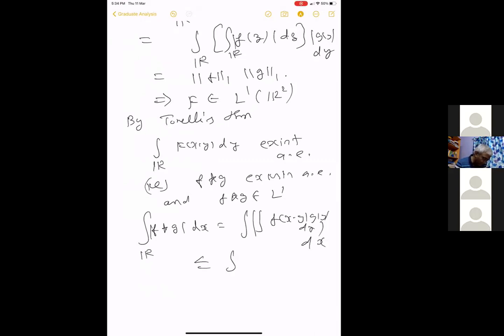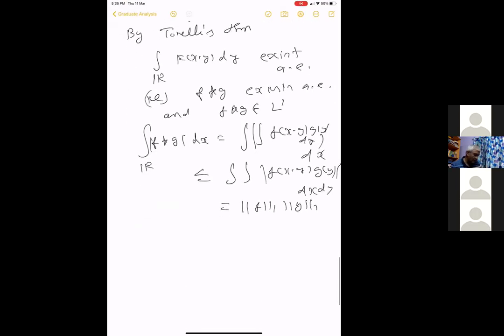That is less than or equal to the integral of the modulus of f of x minus y, g of y, dx dy, which is equal to, as we have done the computation earlier, norm f1 norm g1. So this implies the L1 norm of f star g is less than or equal to norm f1 norm g1.